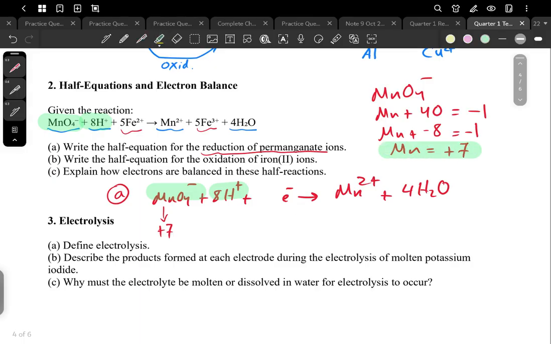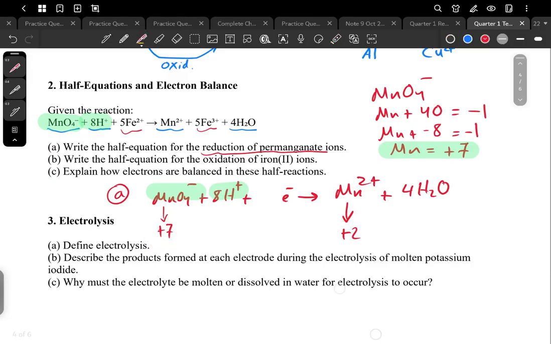Why am I doing this? To calculate the number of electrons gained. This is the oxidation number of manganese here, and this is the oxidation number of manganese here, positive 2. So guys, what do you think? If permanganate here is reduced and after the reaction it turns into positive 2, how many electrons has the manganese gained?